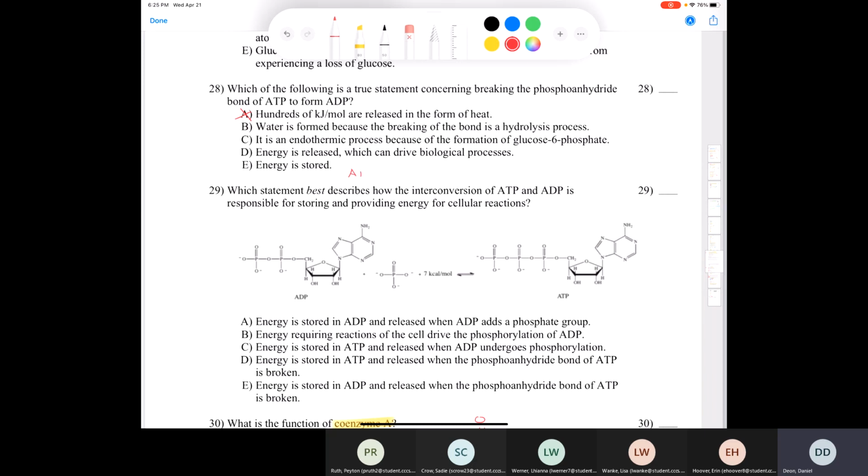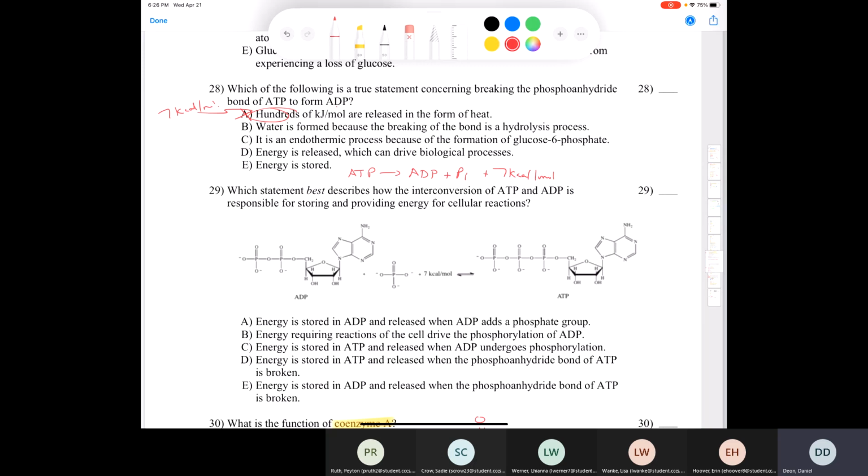When we take ATP and break that phosphoanhydride bond to form ADP, we make the inorganic phosphate group, plus we release 7 kilocalories of energy per mole. So we actually only make 7 kilocalories per mole, not hundreds of kilojoules per mole.